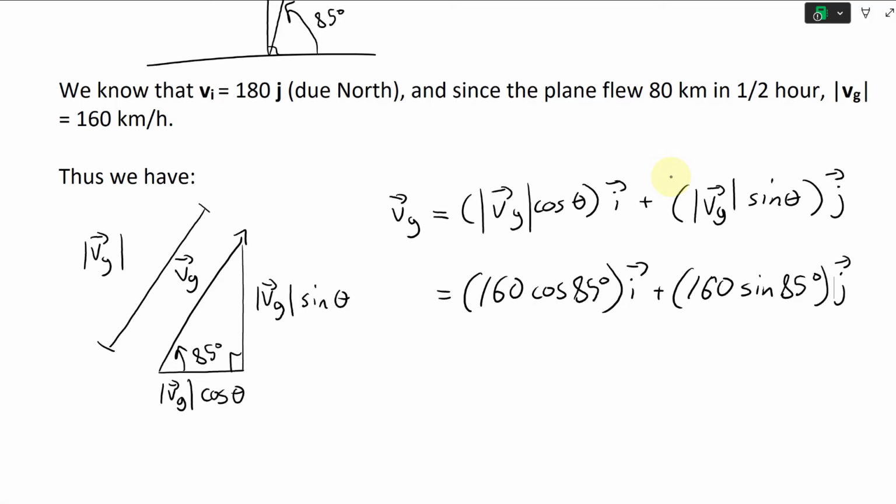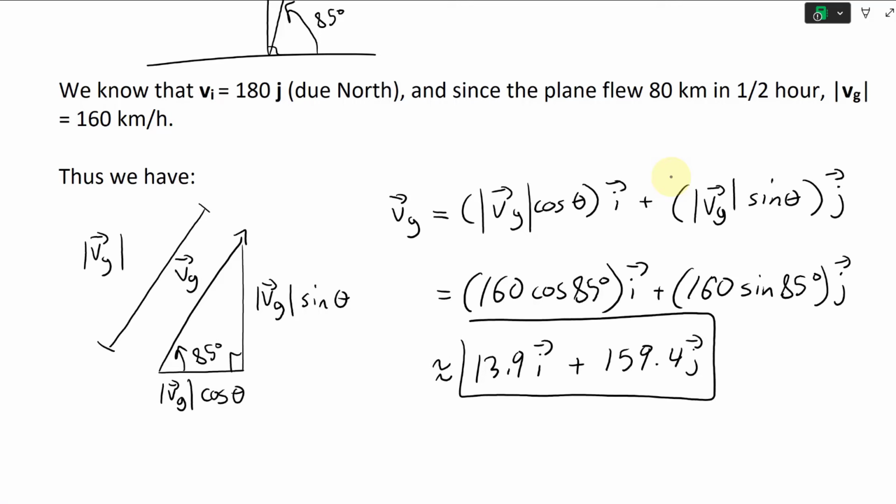Now plug this into the calculator, we're going to get roughly 13.9 i plus 159.4 j. And we can just box this whole thing in.